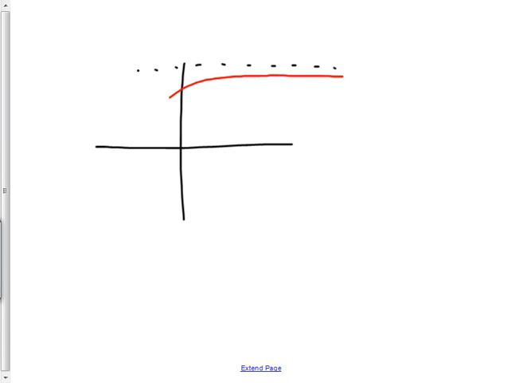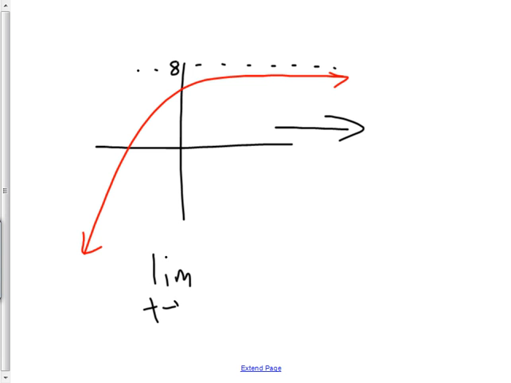Let's say we had a function that did this, and that dotted line was at 8. How would you describe that end over there? How would you say it with a limit? The limit as what? X approaches infinity of this function is equal to what? 8.